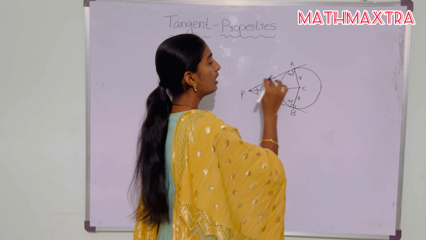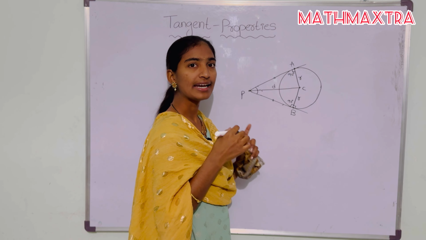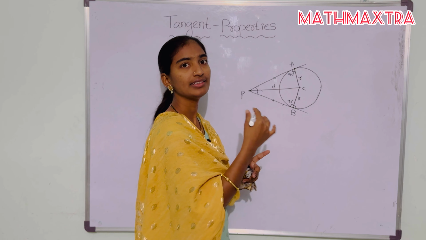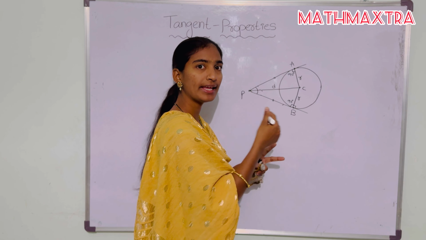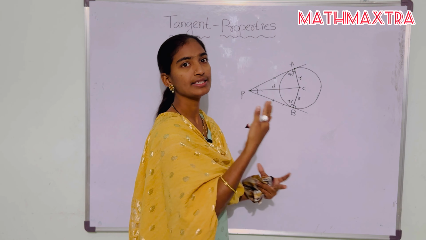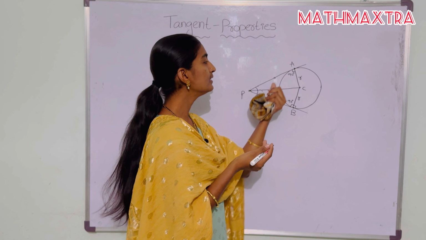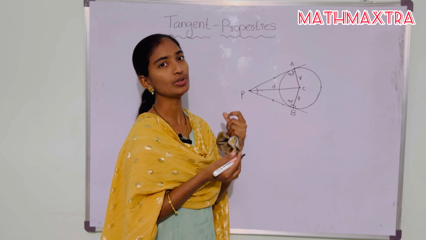So according to the axiom side side side, if the three sides are equal, the corresponding angles are also equal. Corresponding sides are equal as well as corresponding angles are equal. We can say that these two triangles are congruent to each other.